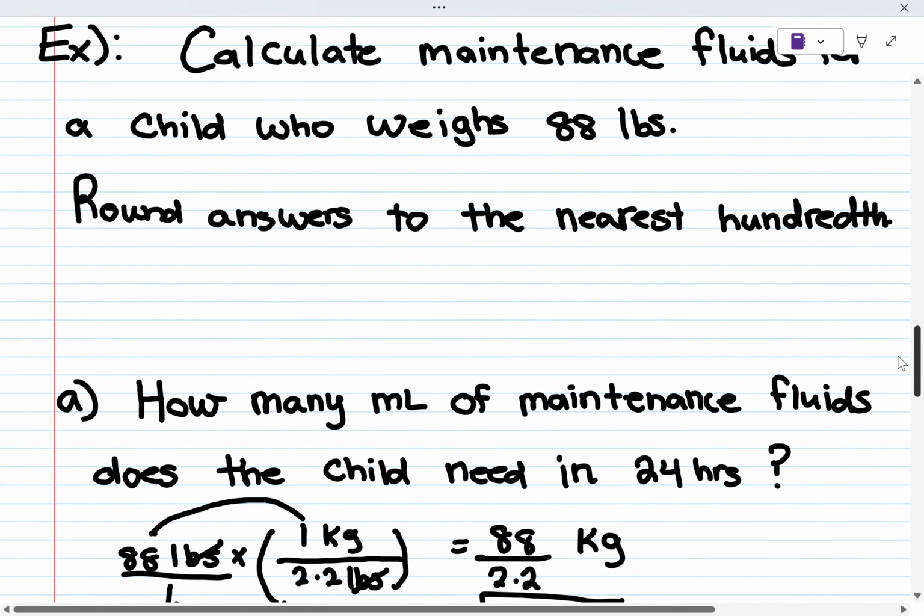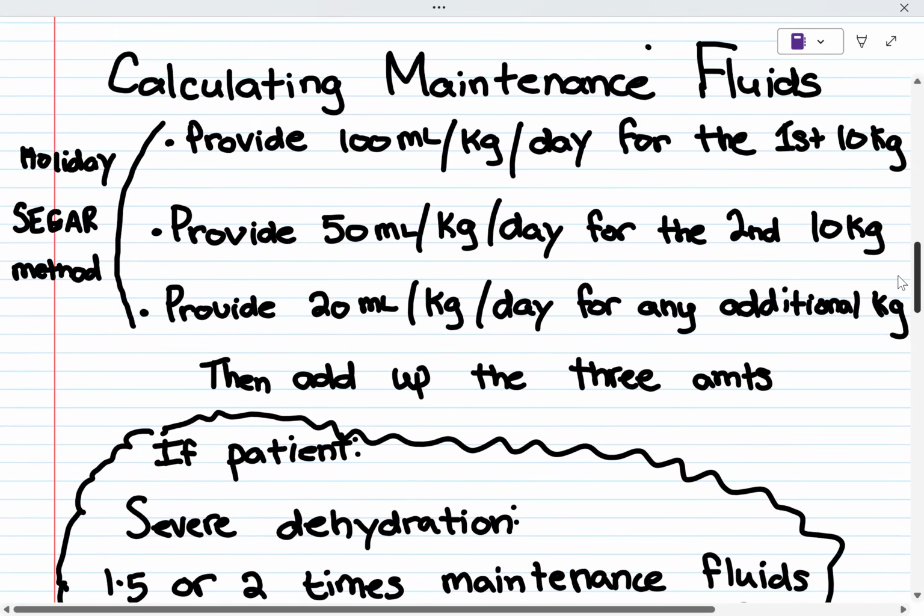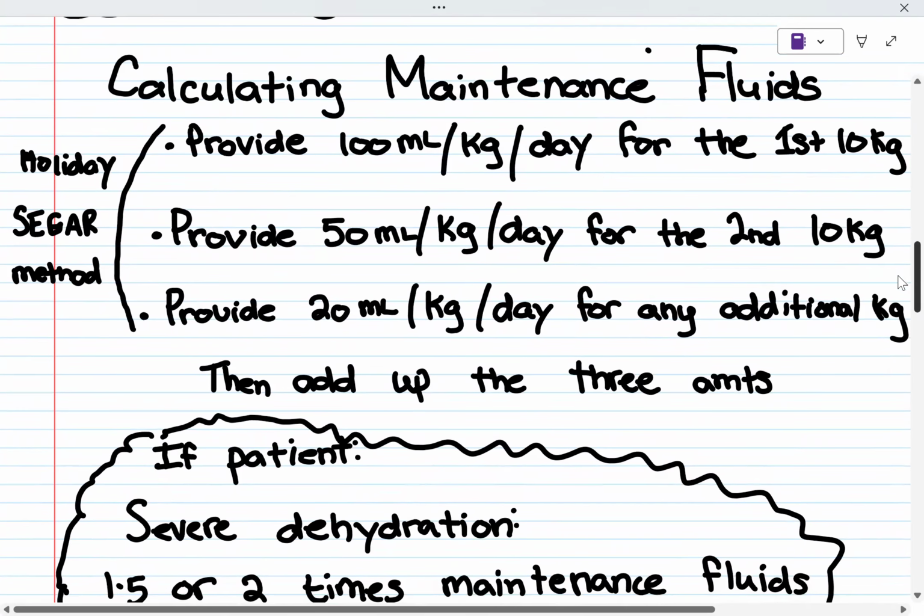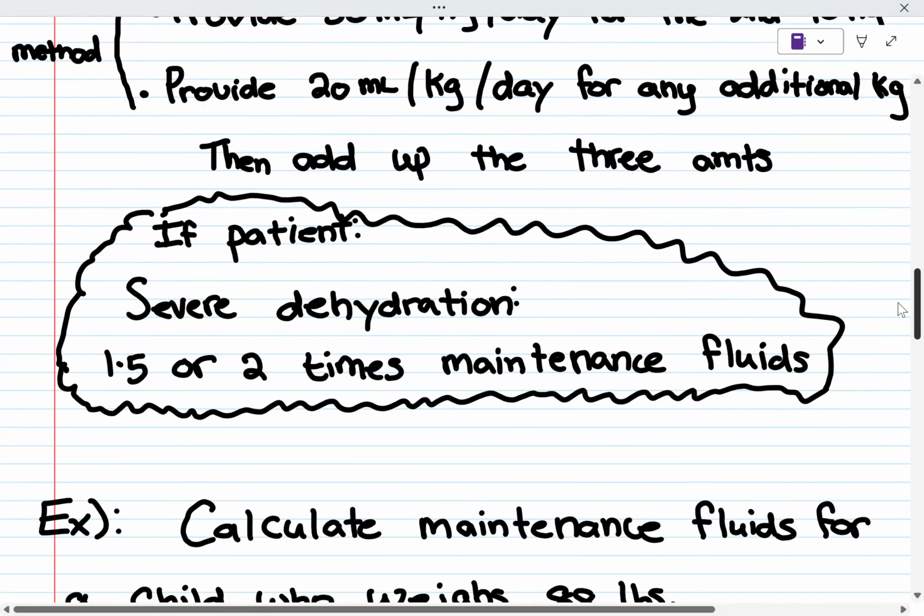So wait, what does the chart say? The chart says provide 20 milliliters per kilogram per day for any additional kilogram. So we said we had an additional 20.